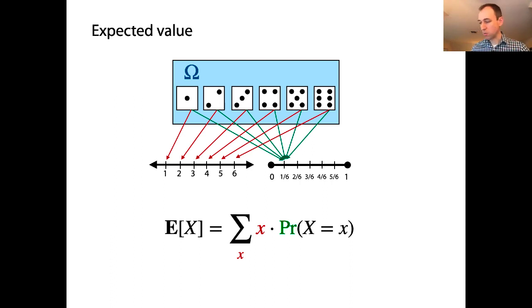And the answer is, well, it's all possible real valued outcomes of the experiment. In other words, not the outcomes themselves, but the real number that they get mapped to. So obviously in this example, the x would be 1, 2, 3, 4, 5, or 6.